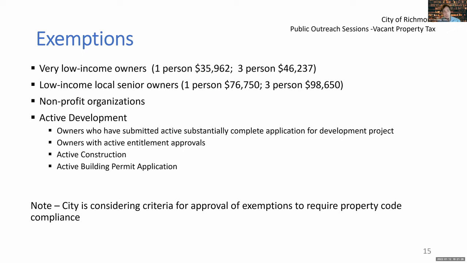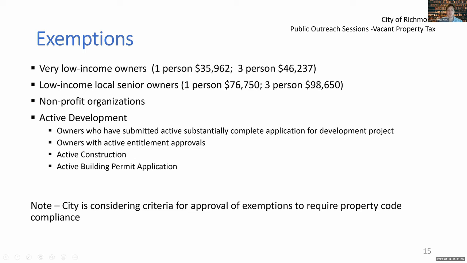Exemptions from a VPT are one of the key components of a tax, to allow for certain situations to be exempted. Common exemptions that exist for the proposed Richmond vacant property tax are listed here on this page. There would potentially be an exemption for very low income owners.